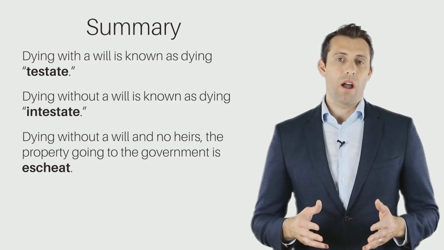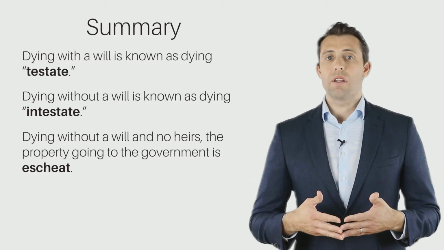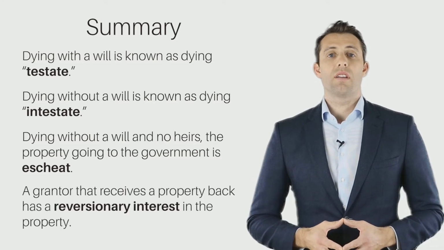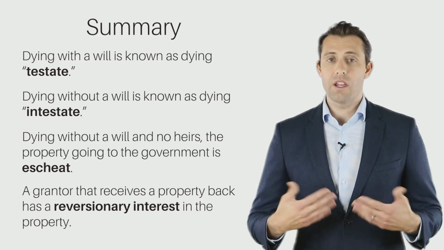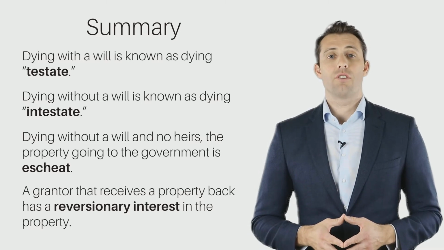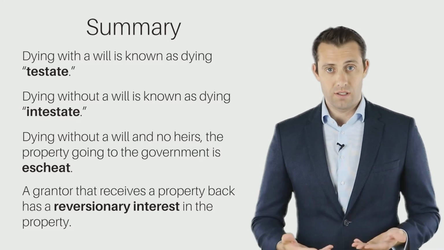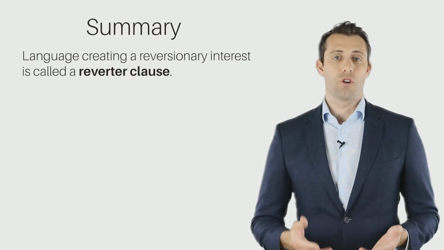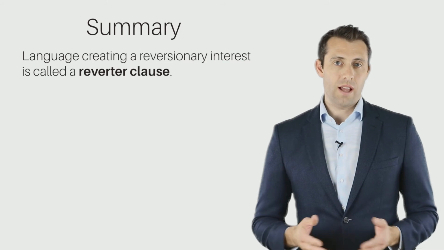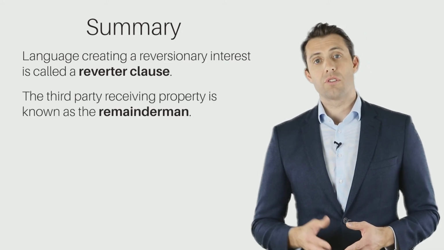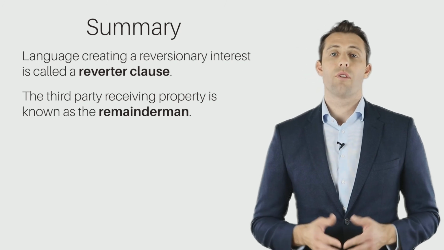Now, keep in mind, if a property is given back to an owner, they would be seen as having a reversionary interest in the property, and should there be specific language saying that that reversion is in place, that's known as a reverter clause. Lastly, if property doesn't go back to the original grantor, the third party receiving the property is known as the remainderman.